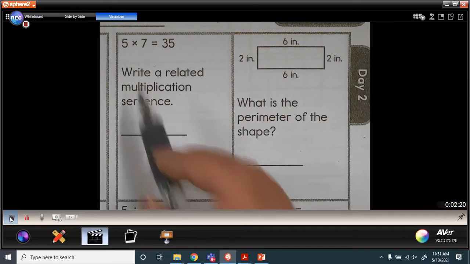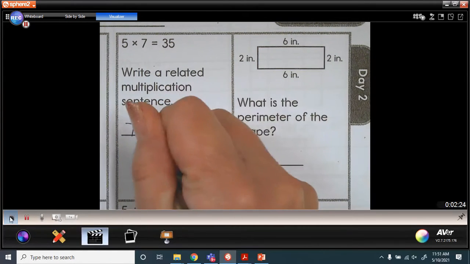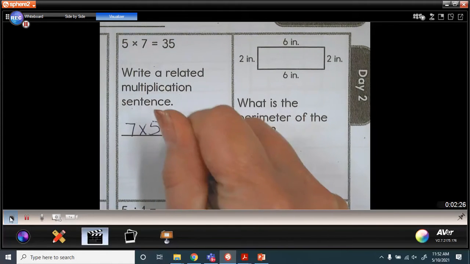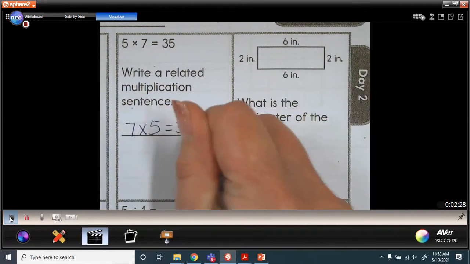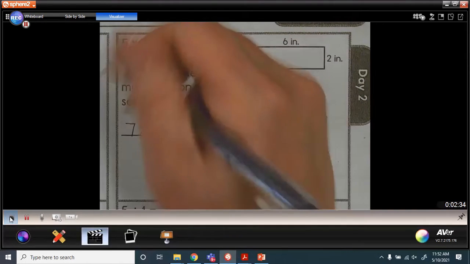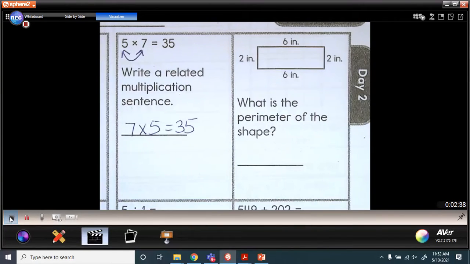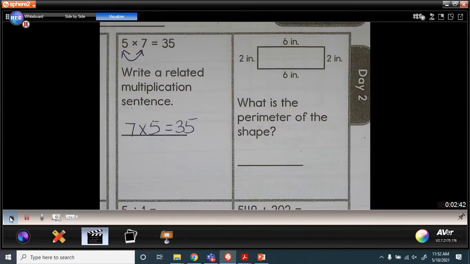So, 7 rows of 5 is the same as 5 rows of 7. And the total is not going to change because my product tells me it doesn't matter how many are in each row. I can switch the order of my factors and the product will be the same. So I can add 7 plus 7 plus 7 plus 7 plus 7, or I can add 7 groups of 5 and count by 5s.